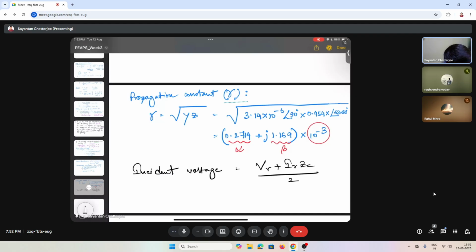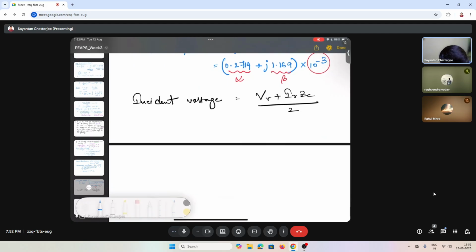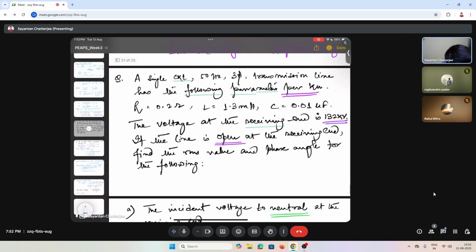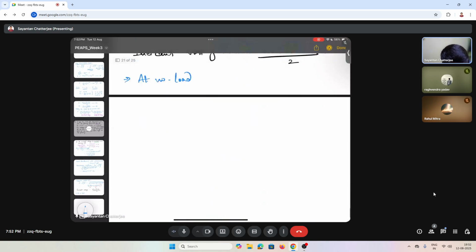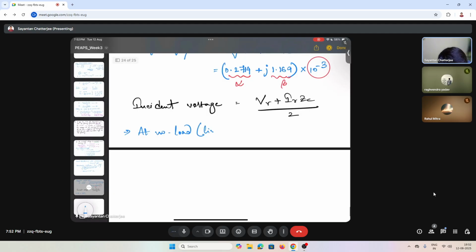Now here, since the condition is no load, because in the question it is given the circuit is open, so line is open. So at no load or line being open, IR will be 0. So incident voltage we can directly calculate as VR by 2.